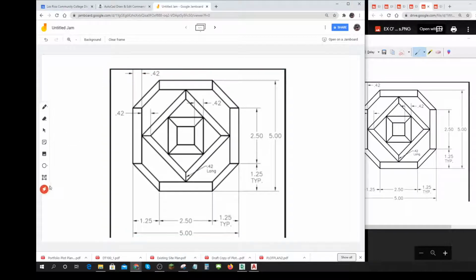Okay, remember this one, I said I was going to start with a square. And then I was going to trim the corners off. That's called a chamfer.